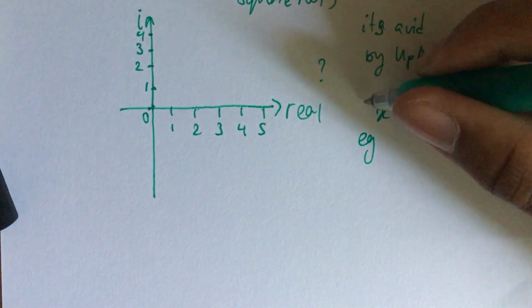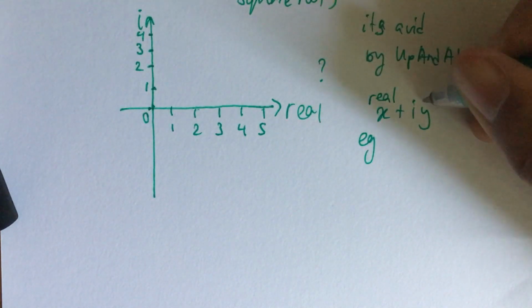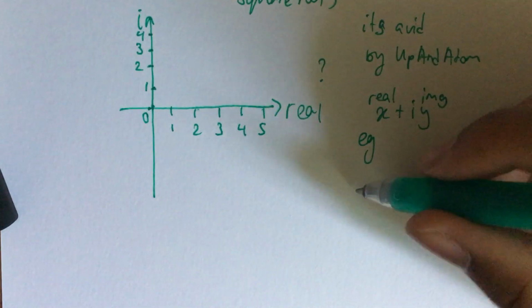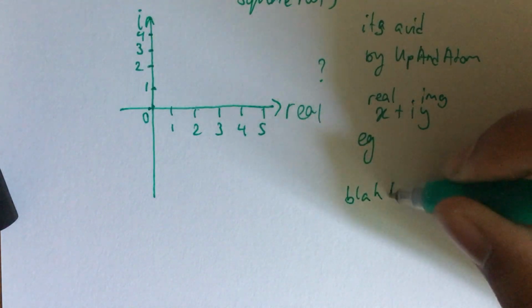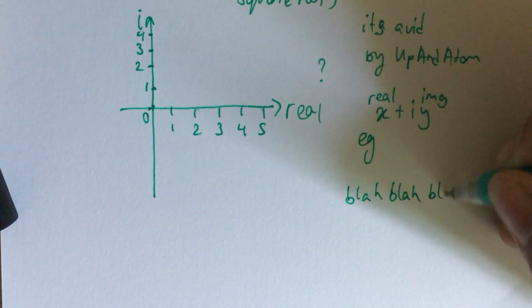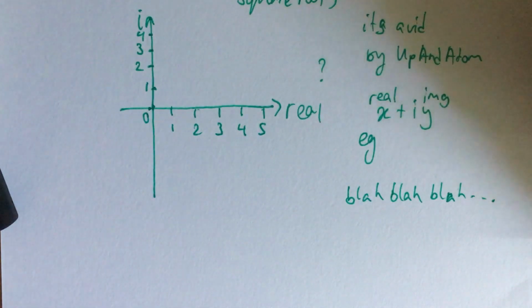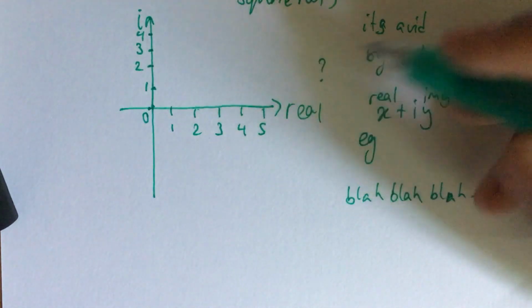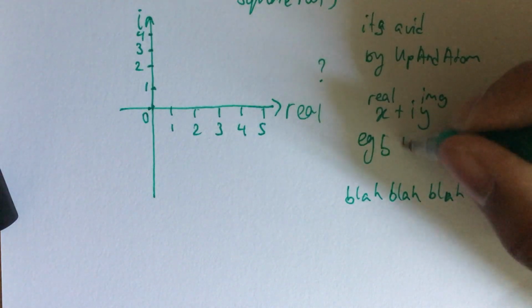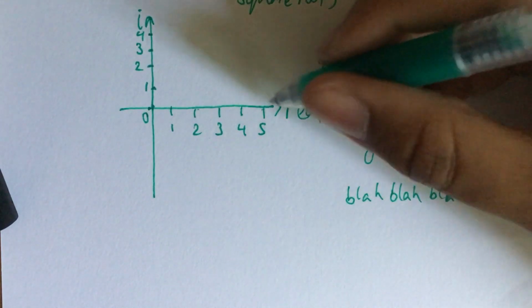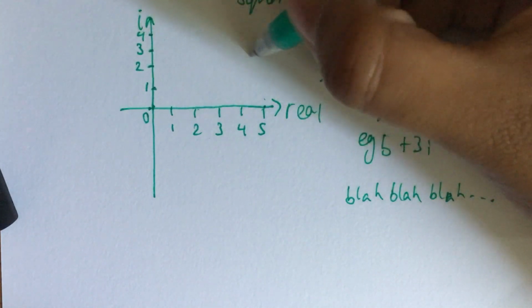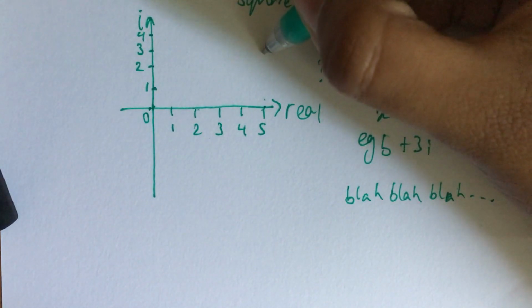And if it's 0, you don't write it at all. You don't need to write 0i. Yeah, that's logical. So when you put it on the graph, you find the real part. For example, if it's 5 plus 3i, you find 5 on the x-axis, you find 3 on the imaginary y-axis, and you plot the point there.